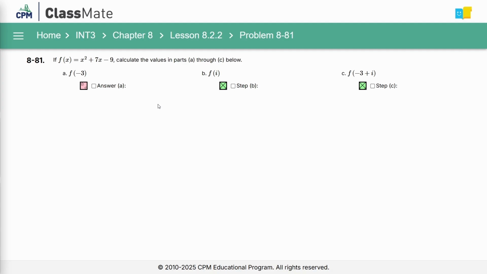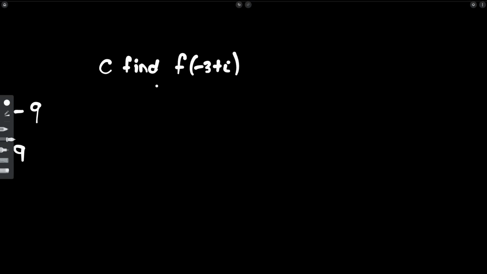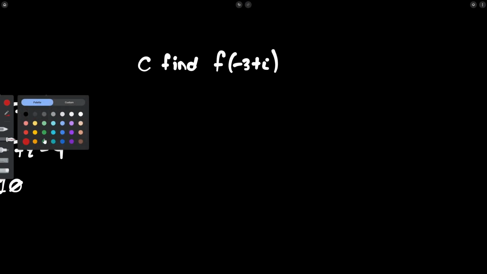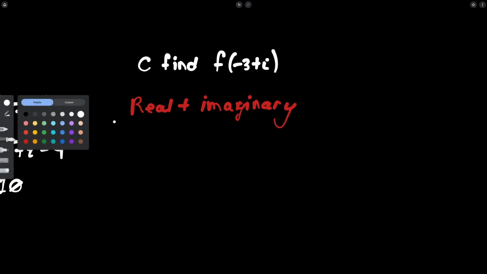Moving on to part C, we have f of negative 3 plus i. And I like rewriting this with the positive term in front. It's standard to write complex numbers as real plus imaginary, but it's just a preference.